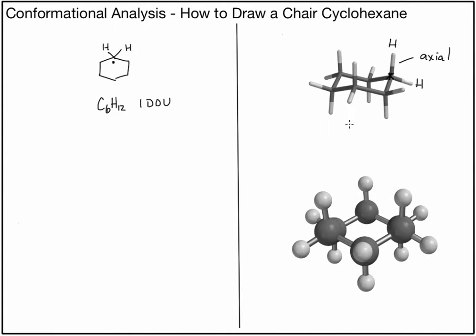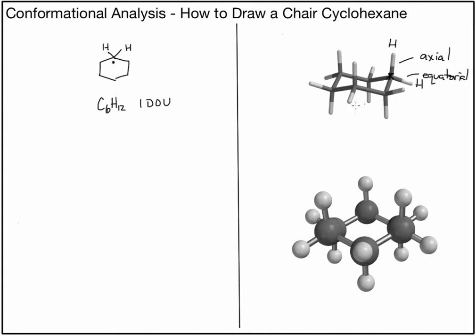So that's 6 total axial bonds. The remaining 6 bonds to hydrogen are classified as equatorial, so they occur around the equator of the molecule.